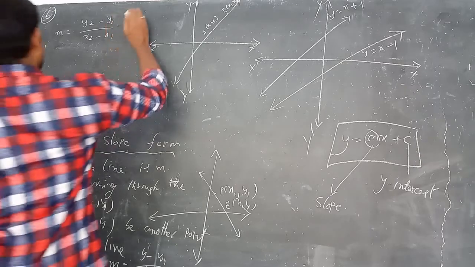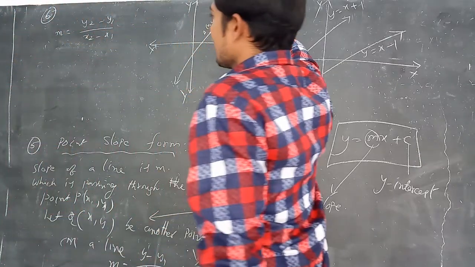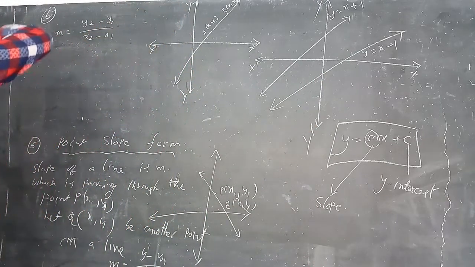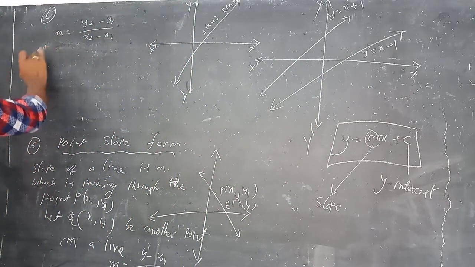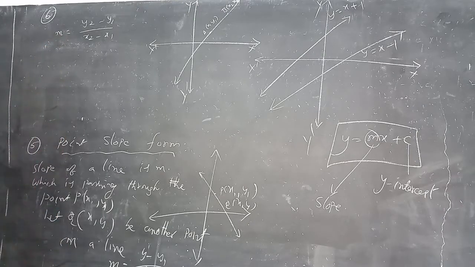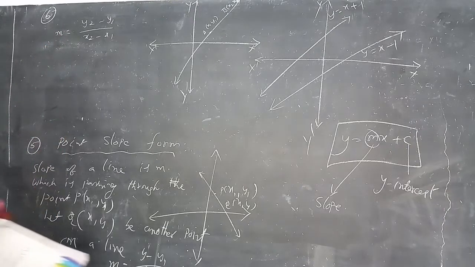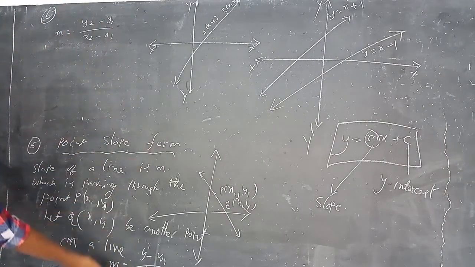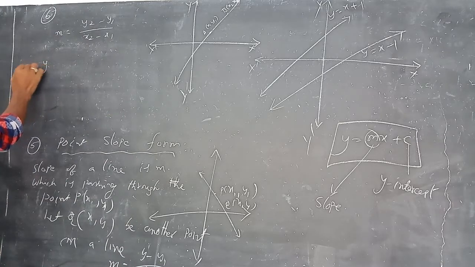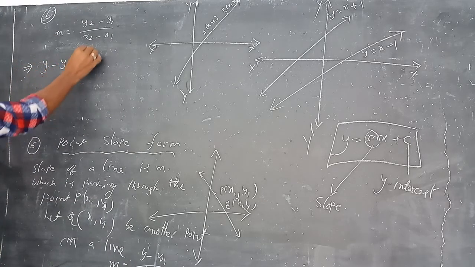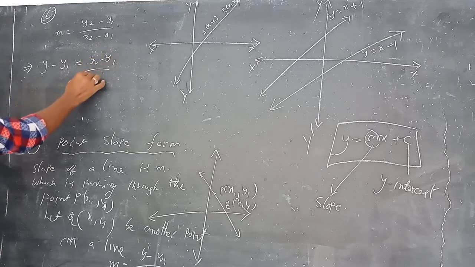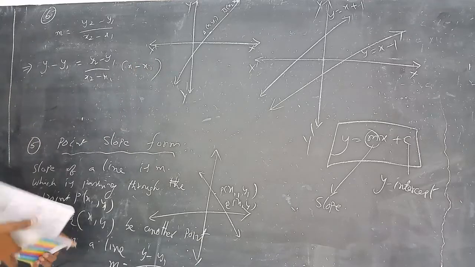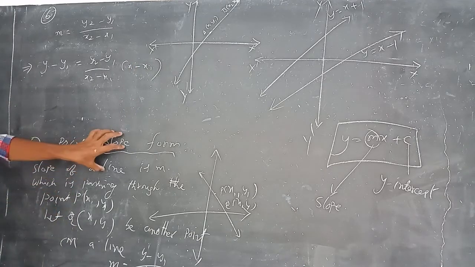Now when two points are given, then the line equation: m is equal to (y2 minus y1) by (x2 minus x1). We substitute this here, so y minus y1 is equal to (y2 minus y1) by (x2 minus x1) into (x minus x1), which is nothing but the point slope form.